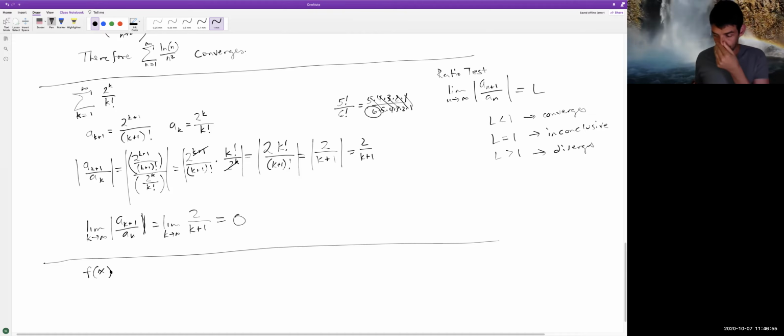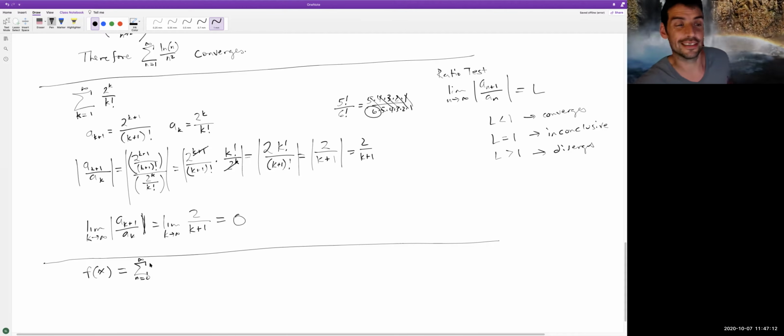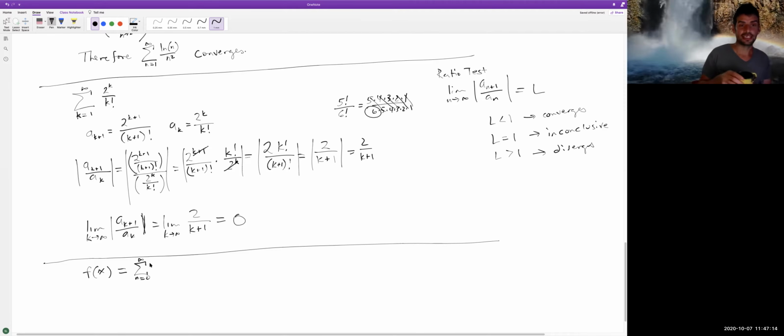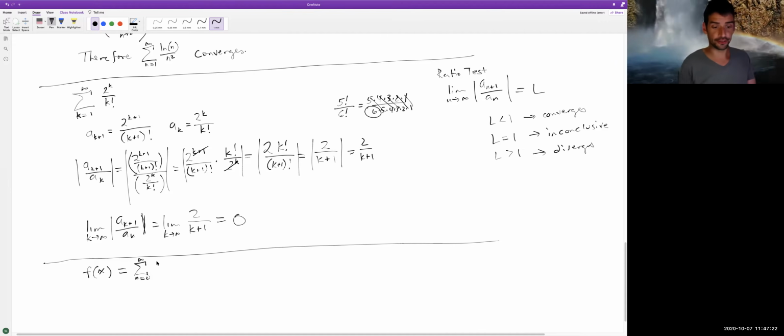All I want you to know right now is that we can represent a function as an infinite series. Not always, but for most of the functions we like, things like trig functions, exponentials, logarithms, that sort of stuff, we can do this. I go through those details in other videos.